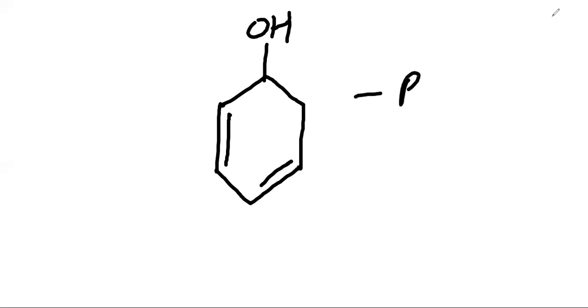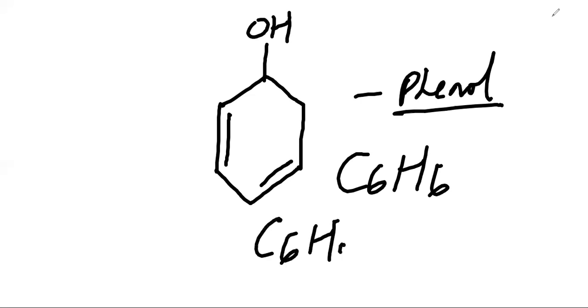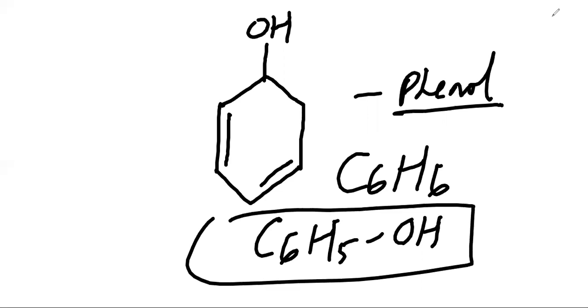This is the structure of phenol. C6H6 is benzene, and C6H5OH is phenol. Catechol, pyrogallol. These are all structures in your chapter number 9. You can see them in your book.